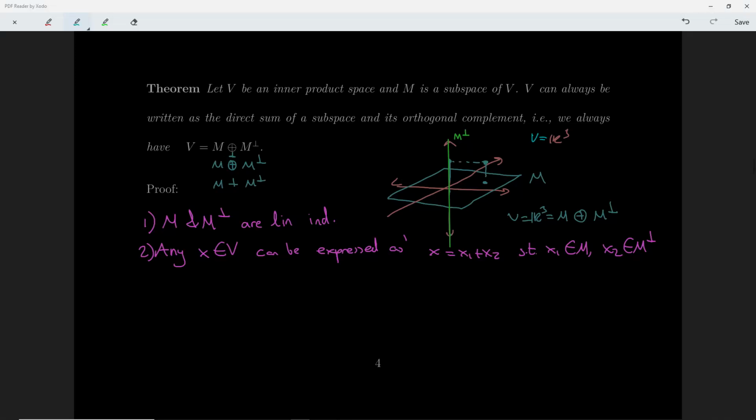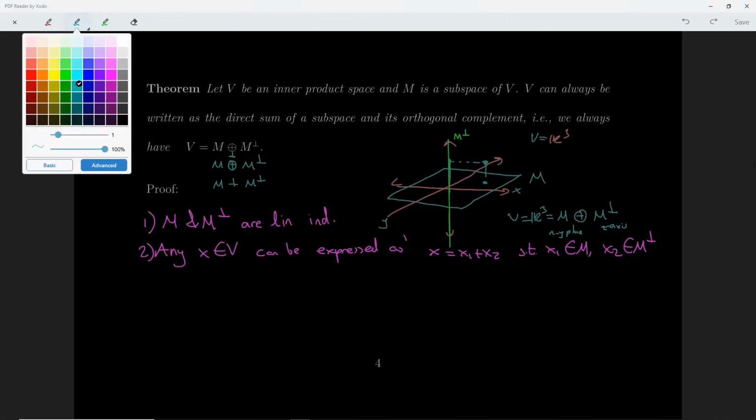And I can write R cube as the direct sum of M, let's say this is x and y, the xy plane, and the direct sum of the z-axis. So what I mean is that even though we are talking about abstract concepts, they are very tangible, and you can always find examples for such claims.